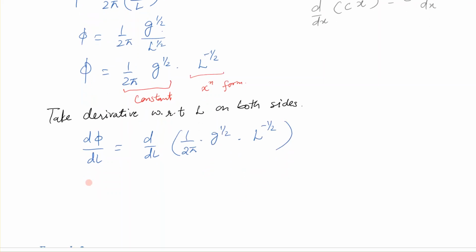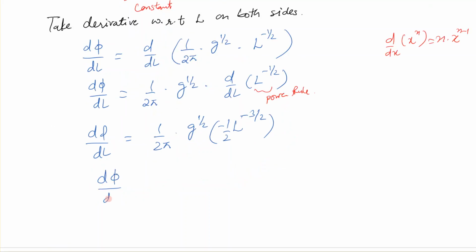In the next step, we can write 1 over 2 pi g raised to power half outside because it's just a constant, and then the derivative of L raised to power negative half.